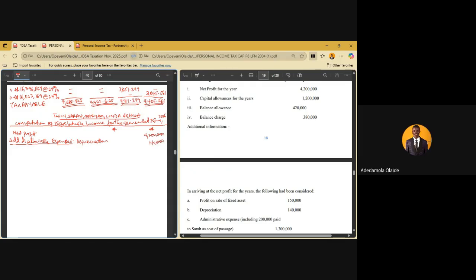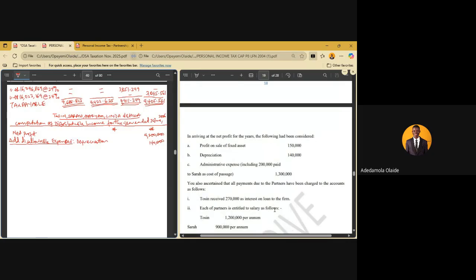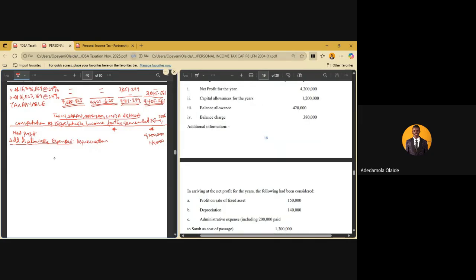And aside that, the administrative expense is allowable. Less non-taxable income, profit on sale of fixed assets, 150,000.